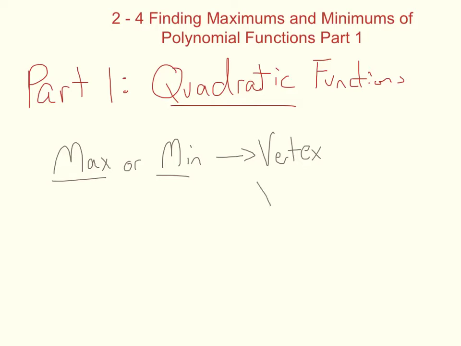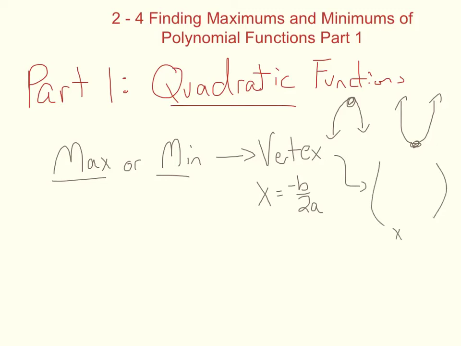To compute the vertex, you need to find the x value first. That formula should look familiar. Again, if you have a parabola that opens down, the vertex is at the top, and that means you have a maximum. If you have a parabola that opens up, you have a minimum. The vertex is an ordered pair, x comma y.